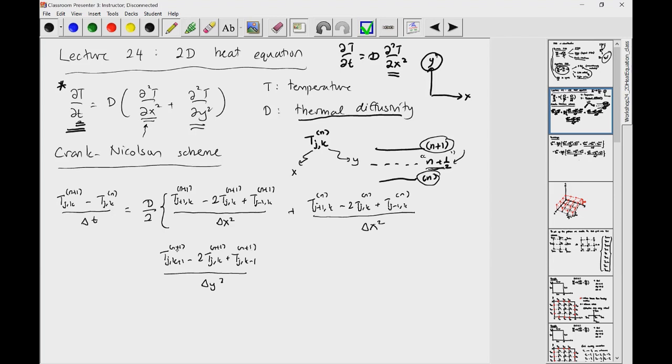You can see that because the derivative is taken with respect to y, the index k is the one that changes, while the index j remains at our current point, which is point j. And here you will have your T_j,k+1 minus 2T_jk plus T_j,k-1 at time level n. So this is your Crank-Nicolson scheme to solve a two-dimensional heat equation. Any questions?